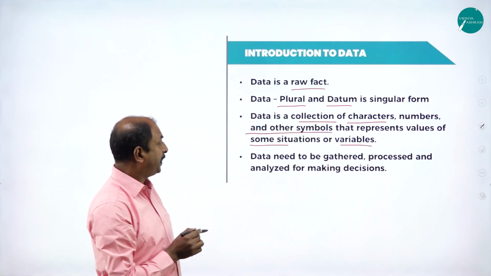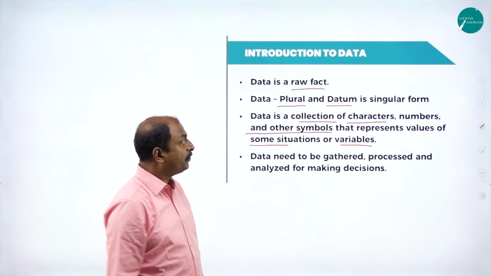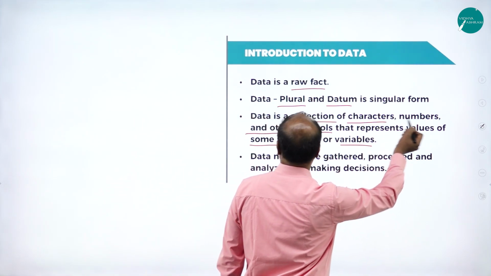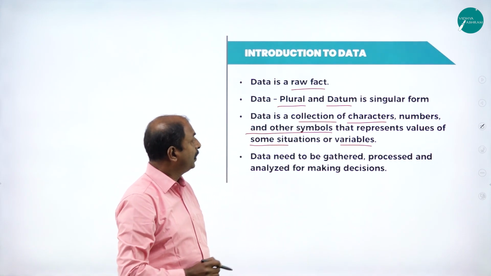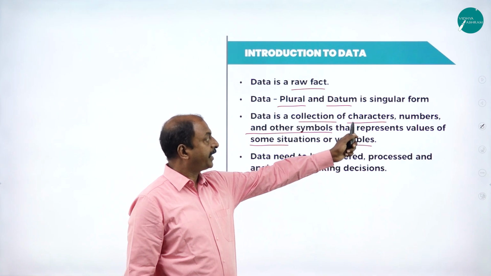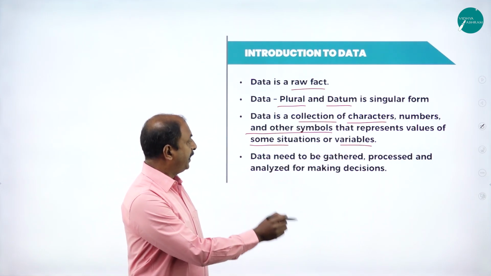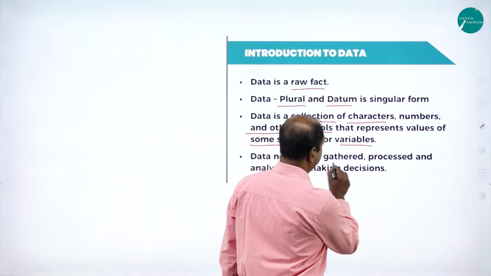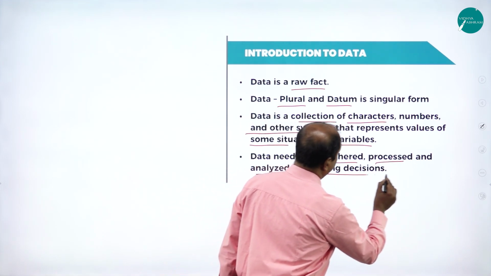If you talk about data, it comprises characters or numbers or alphabets, symbols and so on. So data can be a combination of different things like characters, numbers and symbols. And data needs to be gathered, processed and analyzed for making decisions.